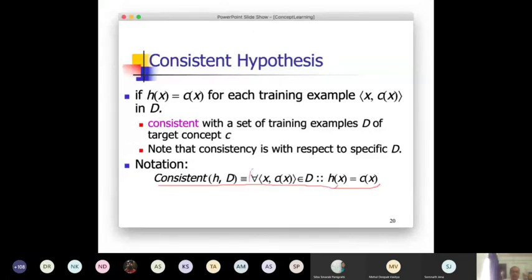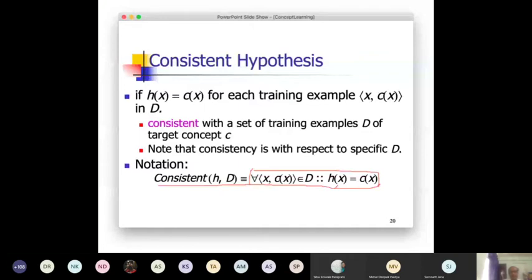You can see that this is the definition part: we say hypothesis H is consistent with respect to the set of training examples D, and of course, in the training examples there are labels which are expressed as c(x). That means the target function value.